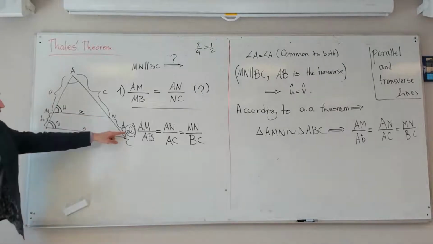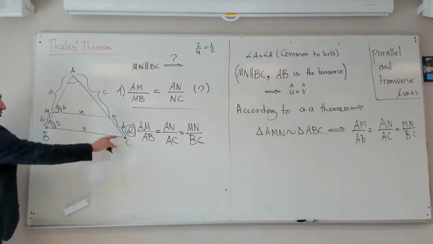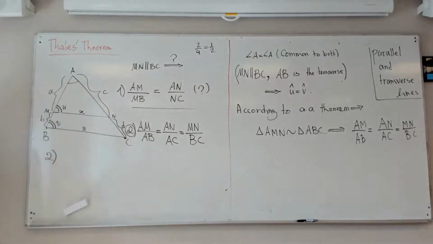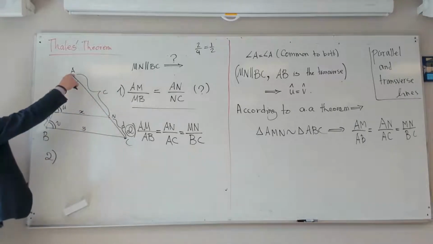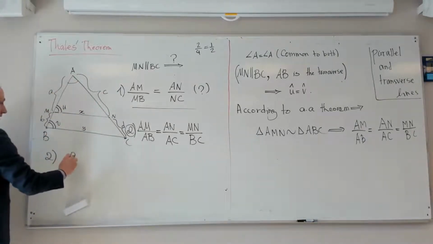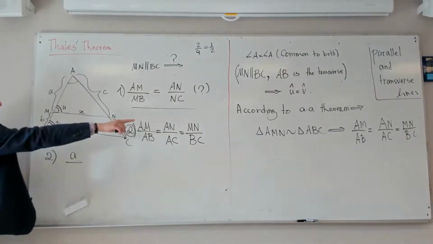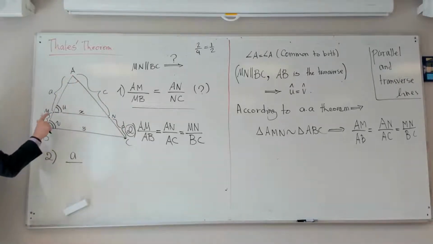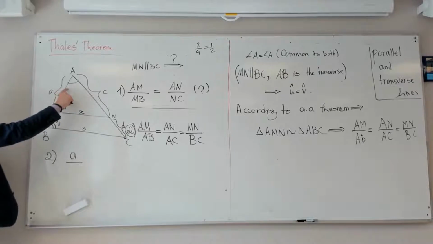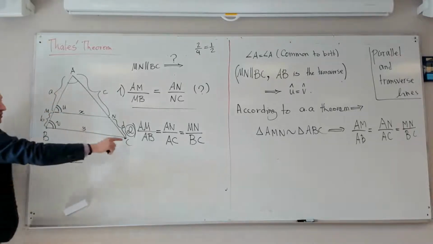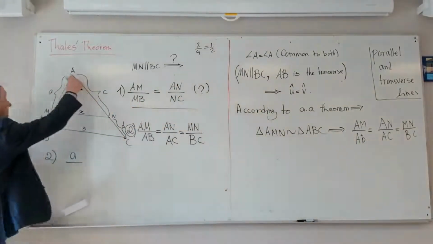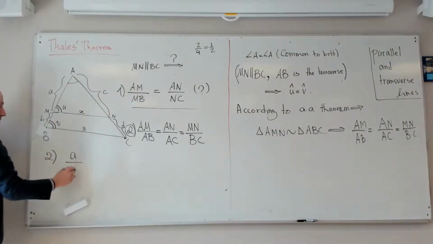We know that number 2 is correct because I was able to show it. So what does it mean? It means that AM divided by AB, and AB from here to here consists of 2 parts, one part is A, the other part is B. So instead of AB, I can write A plus B. Do you agree?